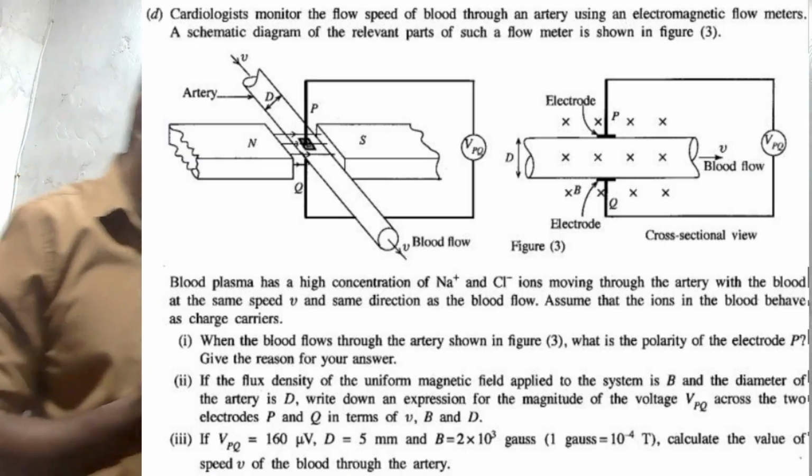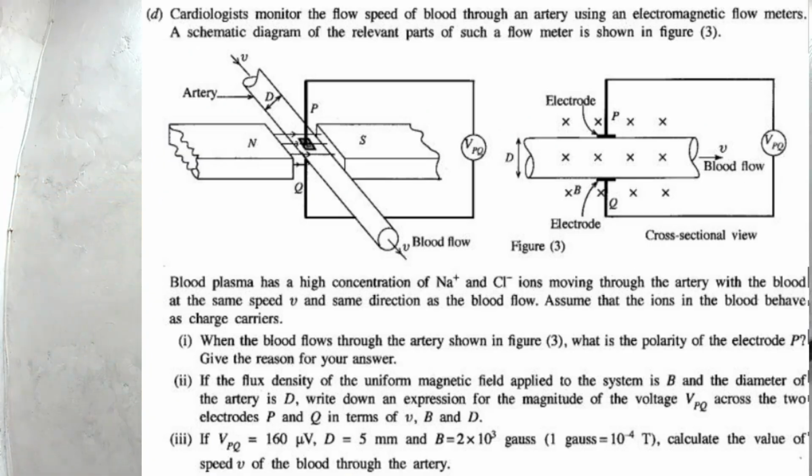Then part D. Cardiologists monitor the flow speed of blood through an artery using an electromagnetic flow meter. A schematic diagram of the parts of such a flow meter is shown in figure 3.